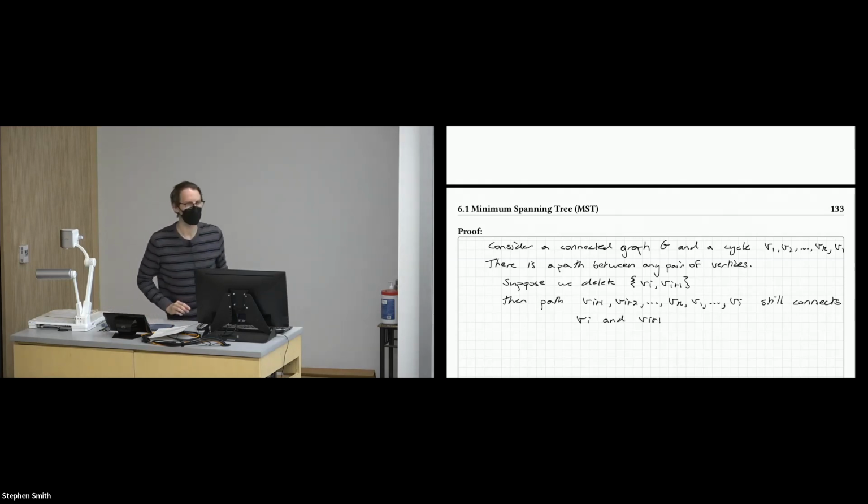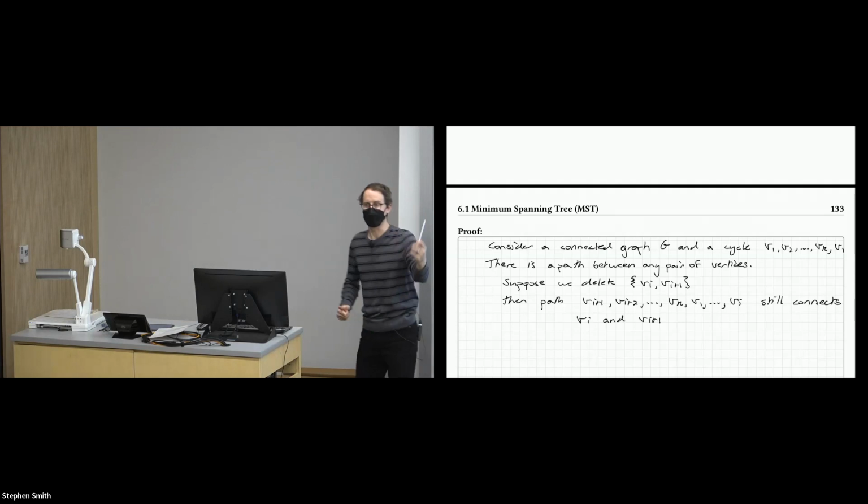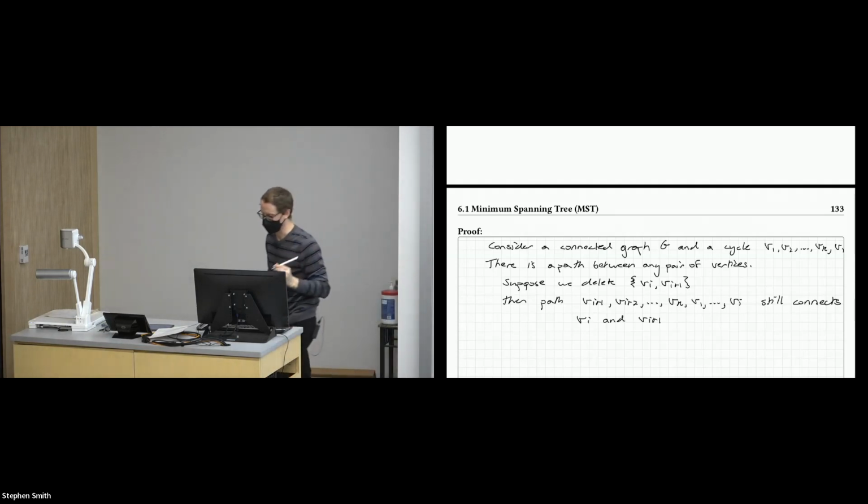I kind of wrote that backwards, like the path I wrote in the order takes you from Vi plus 1 to Vi, but it's an undirected graph, so I can actually just take it that way, right, to get from Vi back to Vi plus 1.